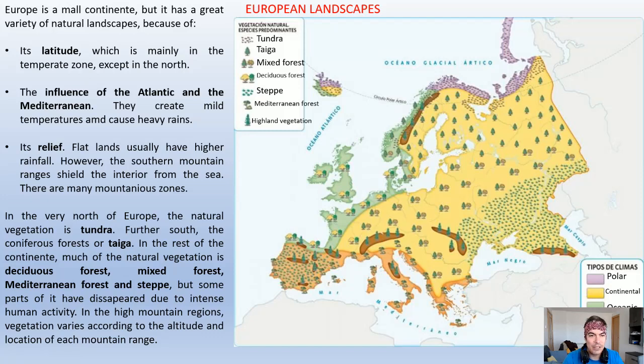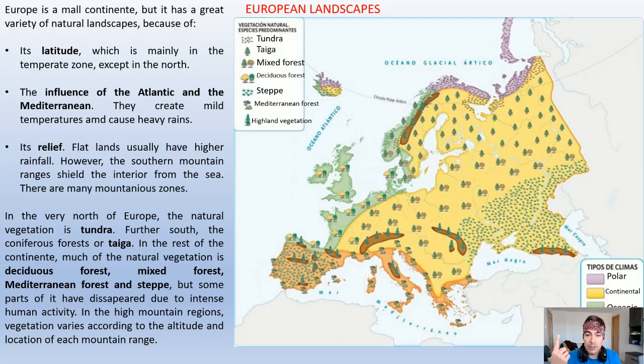I don't know why. It's because of the dictionary of the PowerPoint. Okay, so Europe is a small continent with no E. I cannot change the dictionary of the PowerPoint, so it keeps translating the words into Spanish. Well, it has a great variety of natural landscapes because of three reasons.